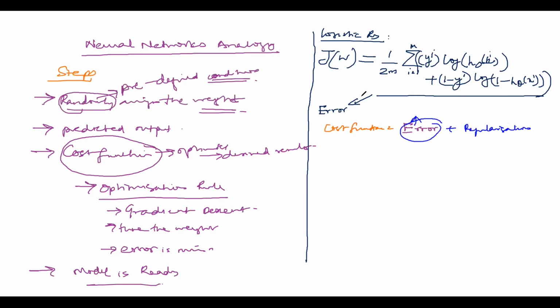If I use regularization, how will it look? For easy calculation, m is the mean. For simplicity, let me take the 2 norm. When I take the 2 norm, I can write it this way, so it's an easy representation.